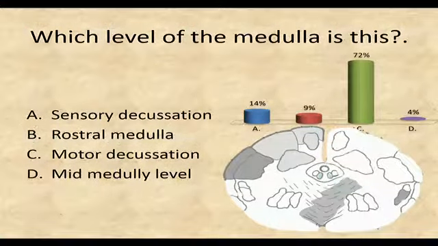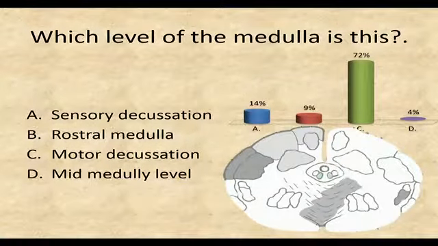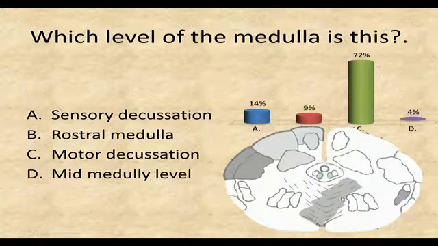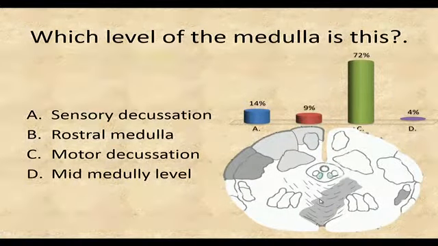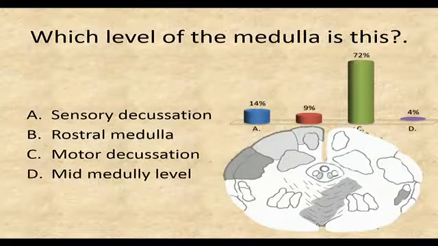Okay, good. Most of you got it right. Motor decussation. So what's one thing that tipped you off to that? Yeah, the shaded part right there. The shaded part of the fibers crossing? Okay, so you knew it was the decussation. Yes. But how did you know it was the motor, not the sensory?